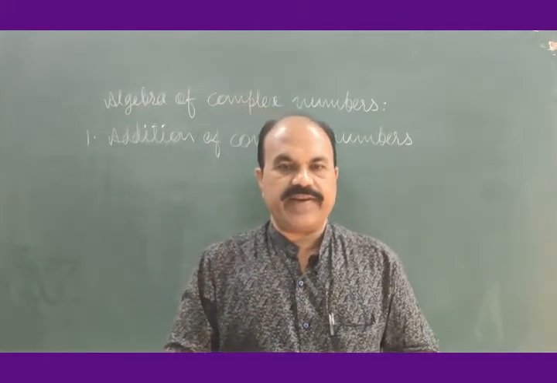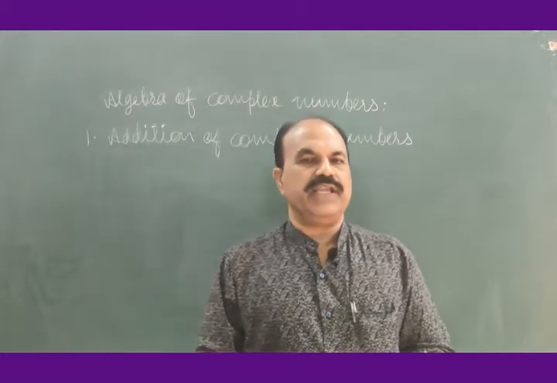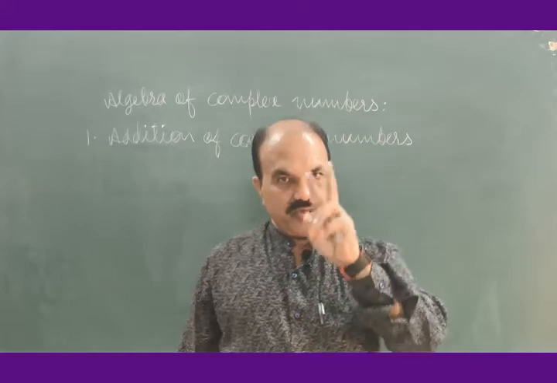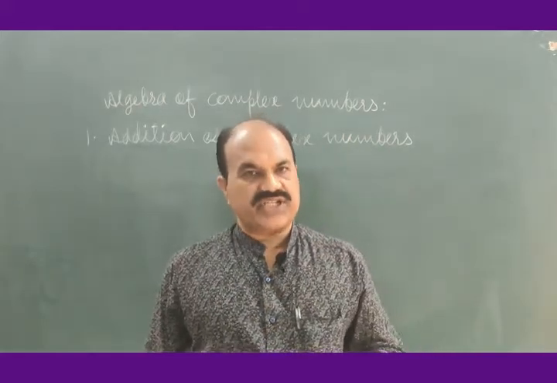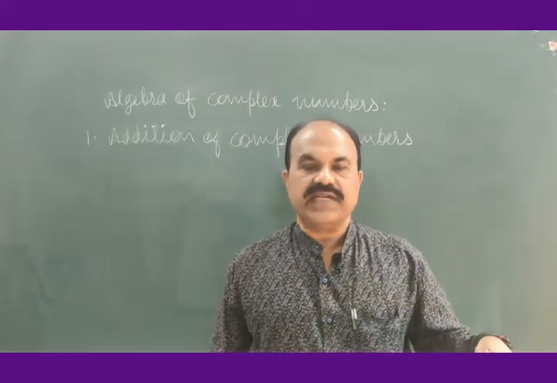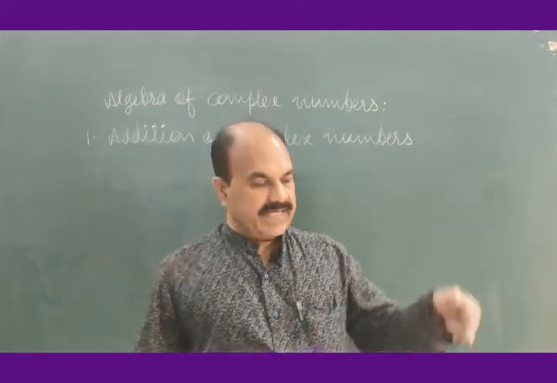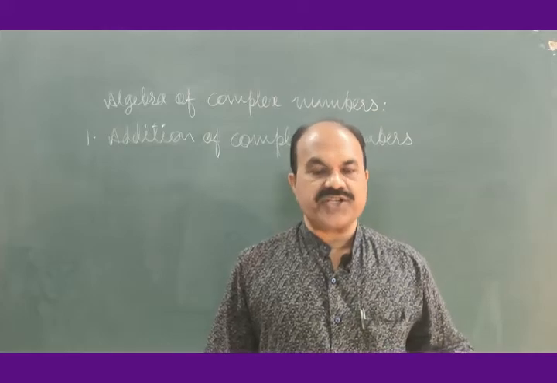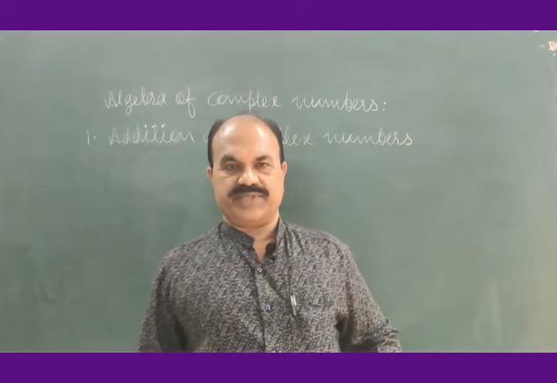Let us define the addition of complex numbers in brief. Addition of two complex numbers is a complex number such that real part of this complex number is addition of the real parts of the two complex numbers, and imaginary part of this complex number is addition of imaginary parts of the two complex numbers.